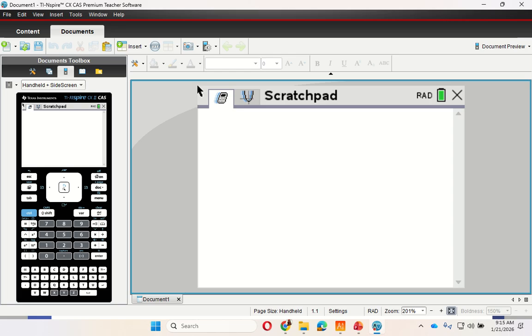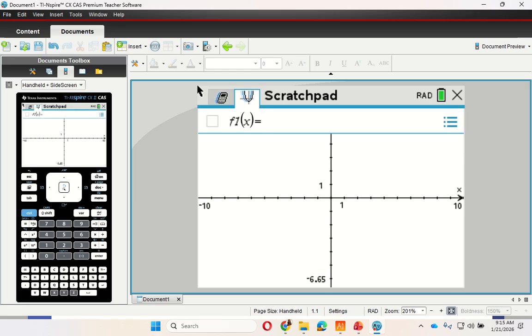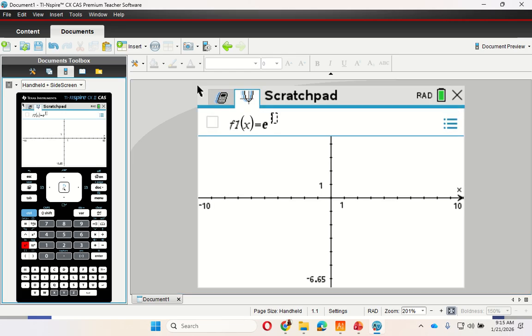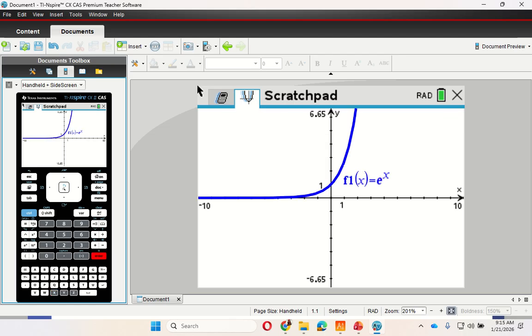So I'm going to graph this so you guys can visualize this now. So e to the x. So, is there any place that this is undefined? No. Okay, there we go. Does it equal 0?